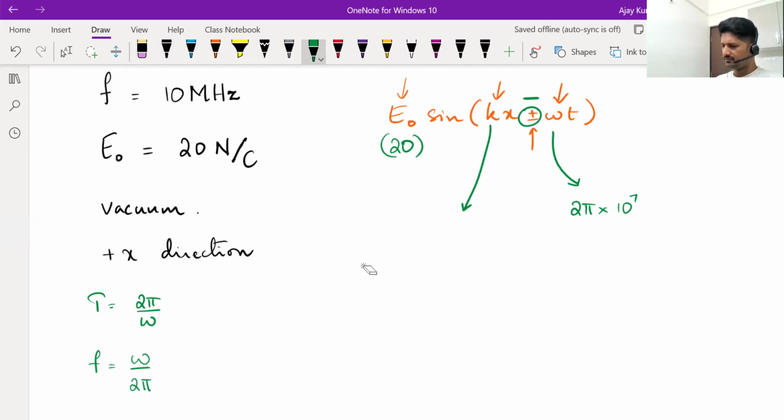Then how can you make use of what is given to you and find out wavelength? According to the wave equation, E naught should be amplitude, and so two E naught will be the wavelength. Why will 2E not be the wavelength? Amplitude has nothing to do with wavelength. Oh, yeah, my bad.